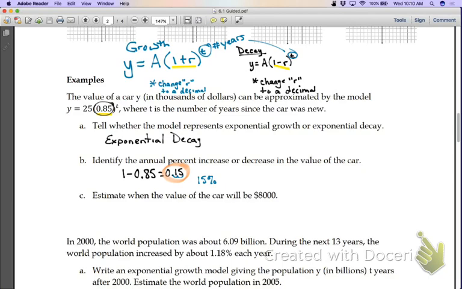So if I'm going to have 25,000 times 0.85, what is 25 times 0.85? Because the first year is the big hit. That's whenever I'm going to lose the most money. So in year 1, if I take 25 times 0.85, my car is worth $21,250.